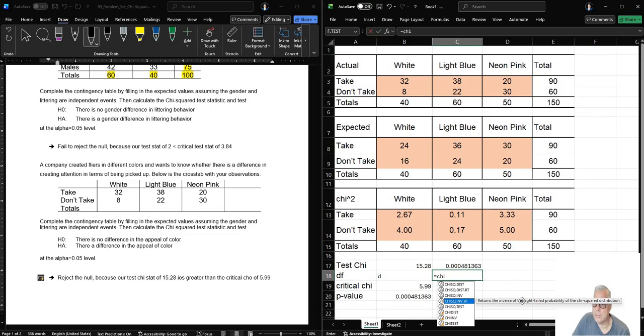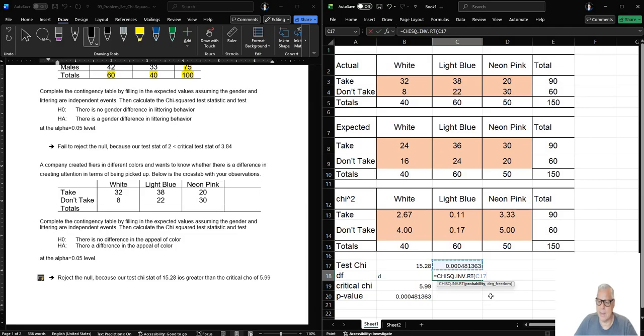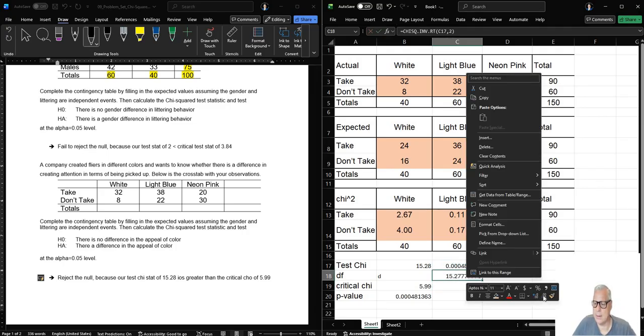Right tail returns the inverse of the right tail of the chi-squared distribution. And the probability we pick up from here, and again degrees of freedom is 2, and then we see the 15.28 here.